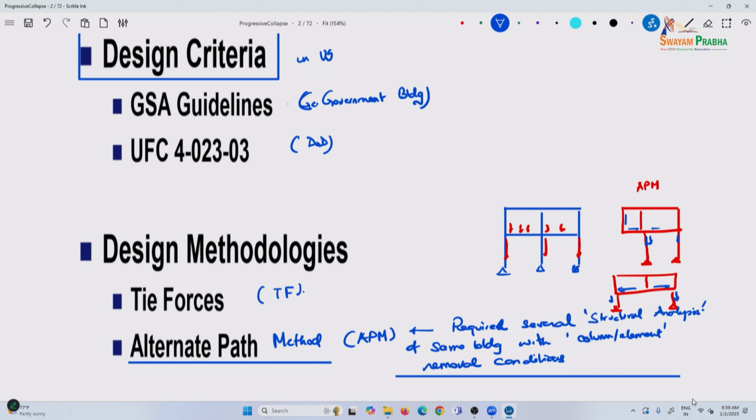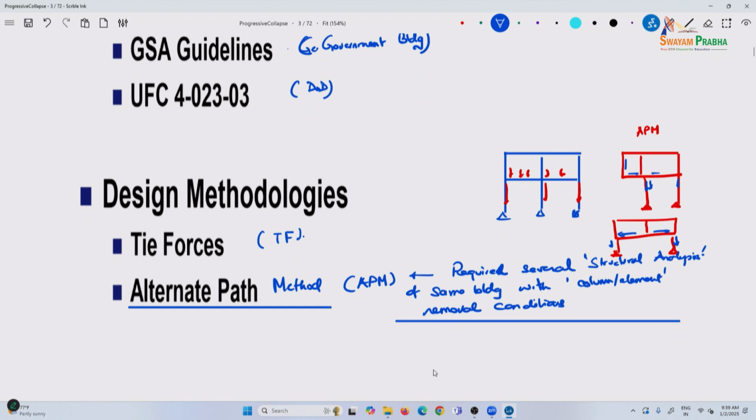The only thing is, if the structure gets complex, then you have to go through multiple load paths, and typically all these are applicable for regular structures, for usual structures. You can apply them for unusual structures, but you might have to develop, for example, for different shaped structures.